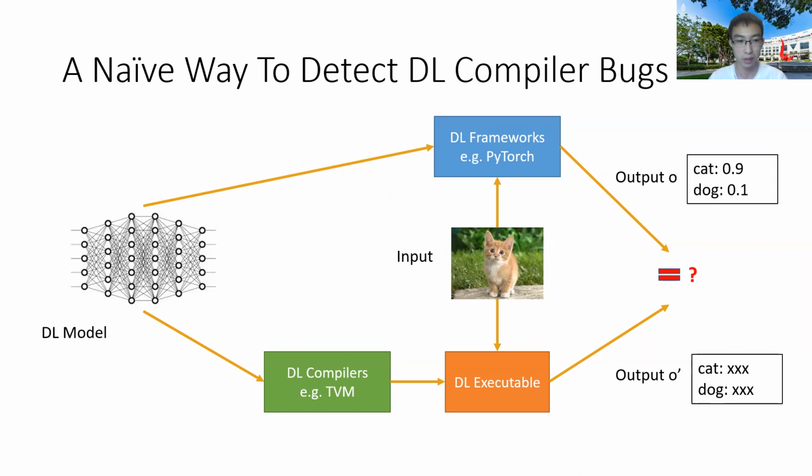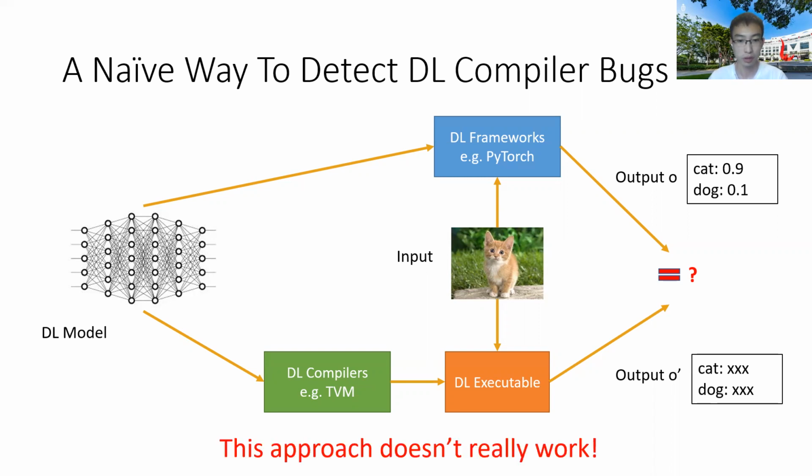At the same time, you take the deep learning model, compile it with deep learning compilers such as TVM, and get the deep learning executable. You execute the executable with the same input as the deep learning framework and get the output O prime. O prime is also a classification probability. Then you compare whether O prime equals O. If O prime is not equal to O, then there is a bug in the deep learning compiler.